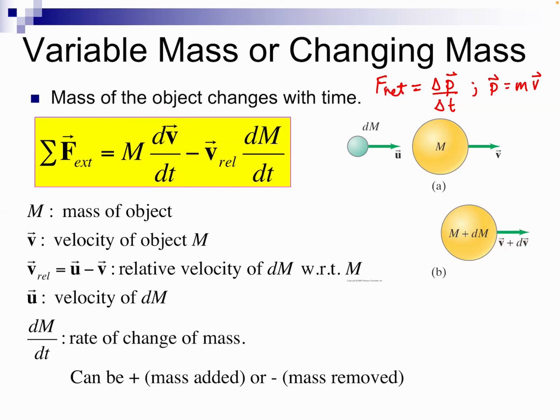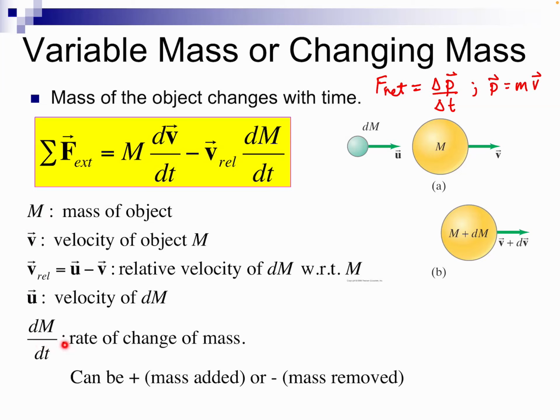And then you also take into account the change in the mass because of the added small mass, times the velocity. So we're essentially taking the change in velocity in this term, and in the second term, we're taking the change in mass. Here I've listed down what each of the variables and each of the terms mean.